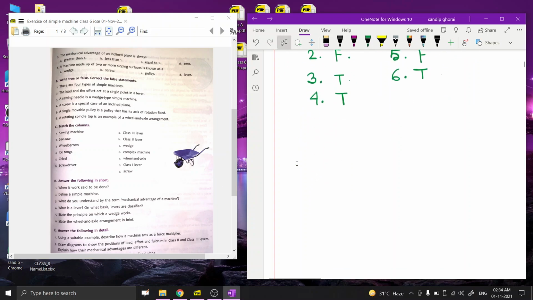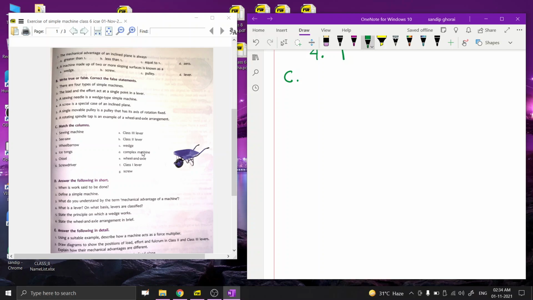Now we move to the next type of question, question type C, where we match the columns. On the left side we can see one is sewing machine, two seesaw, three wheelbarrow, four ice stone, five chisel, and six is screwdriver.